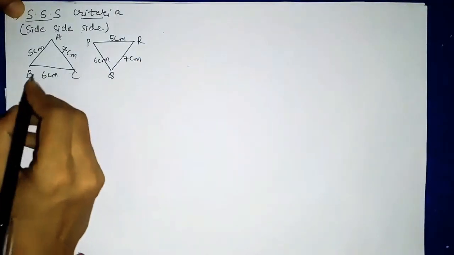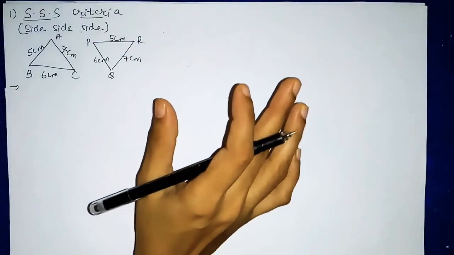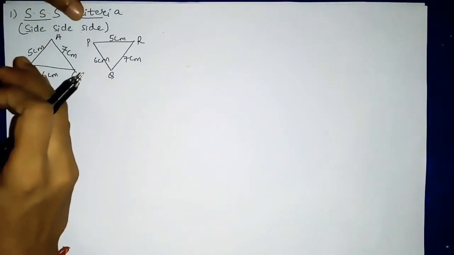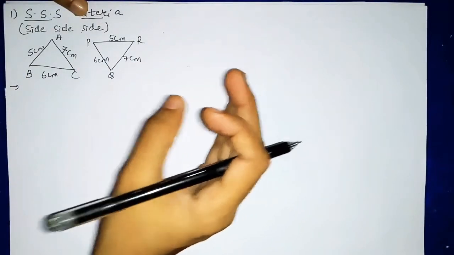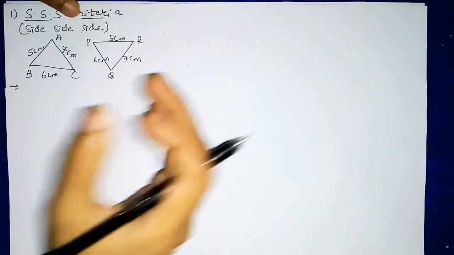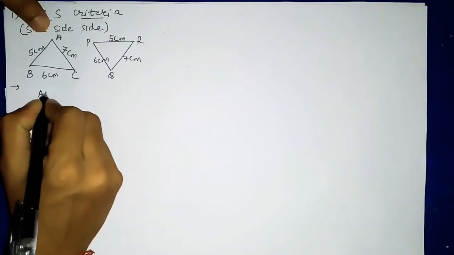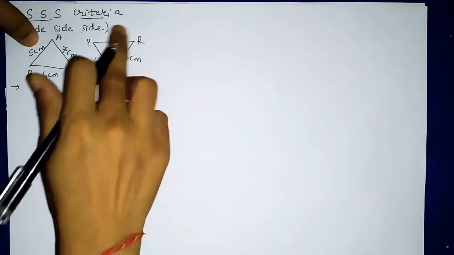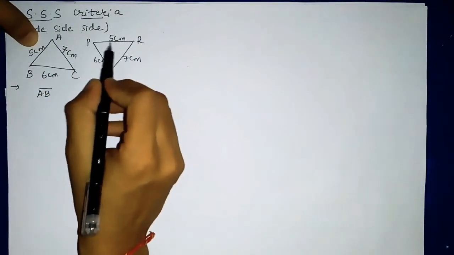So these 2 triangles we have to check whether it is satisfying this condition or not. As I said, the 3 sides of one triangle should be equal to the corresponding 3 sides of the other triangle. Then the 2 triangles are said to be congruent. So now we will write which side is equal to which side. If you see this side AB, this side AB is 5 centimeter और यहाँ पे कौन सा side है 5 centimeter? If you see the figure carefully, this PR is 5 centimeter.